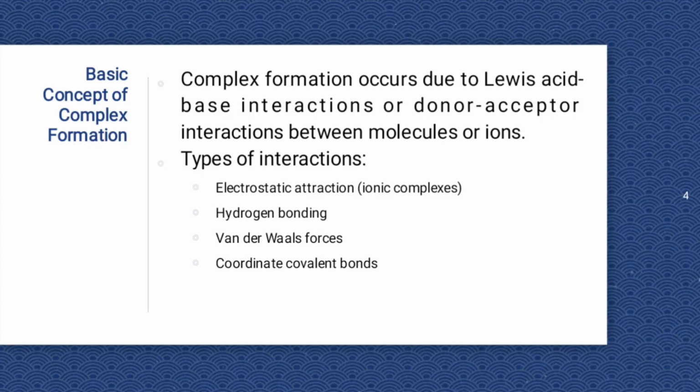The main forces involved are electrostatic attraction, hydrogen bonding, van der Waals forces, or coordinate covalent bonding. For example, the ferric ion and thiocyanate ion form a red colored FeSCN2+ complex. Okay, so the complex formed is basically an association due to these attractive forces.